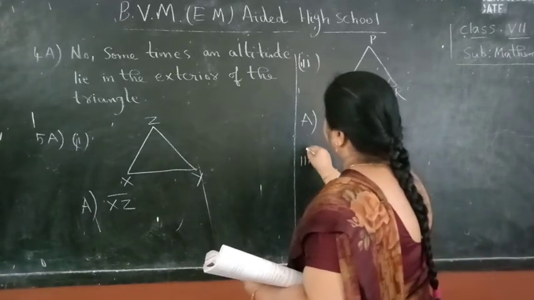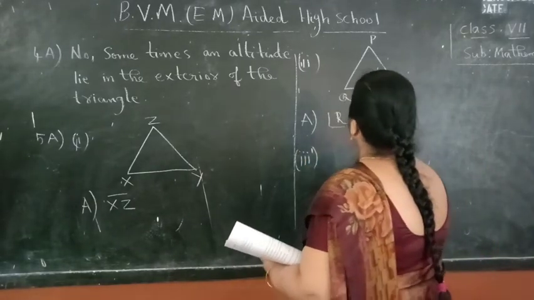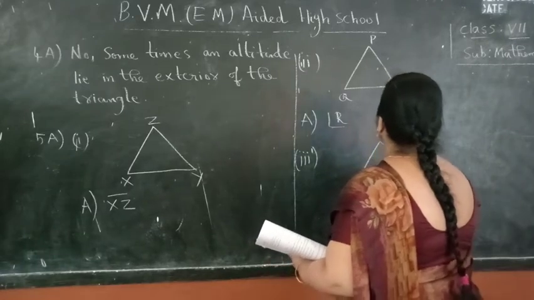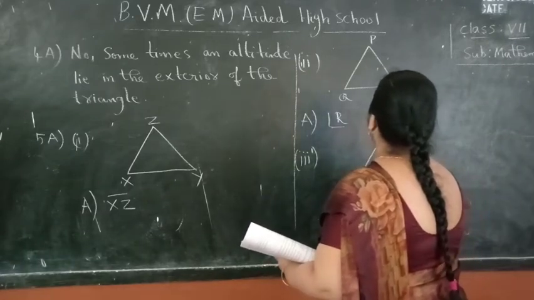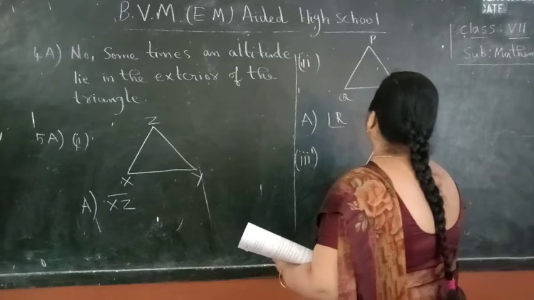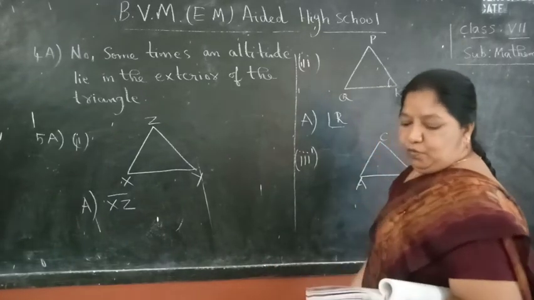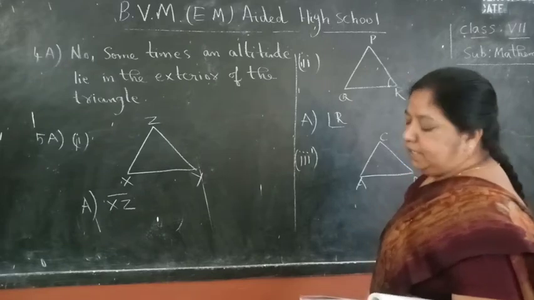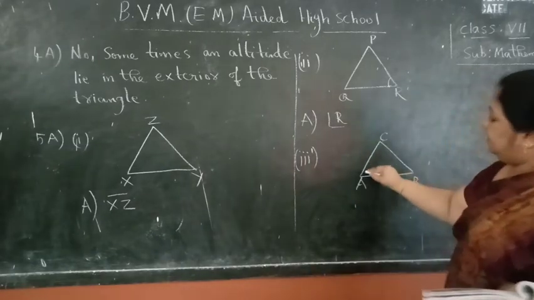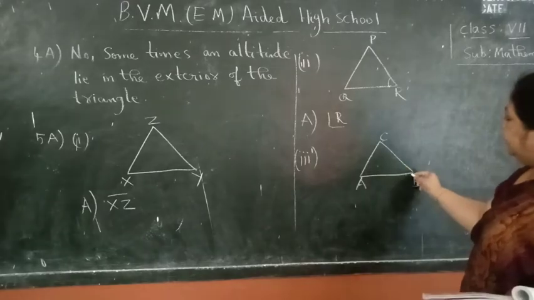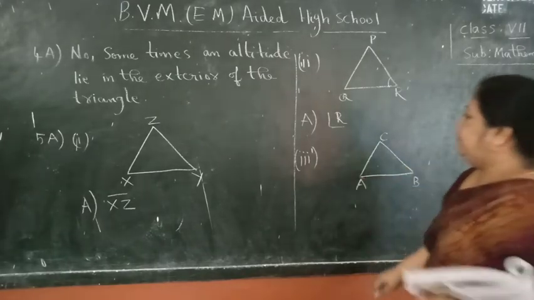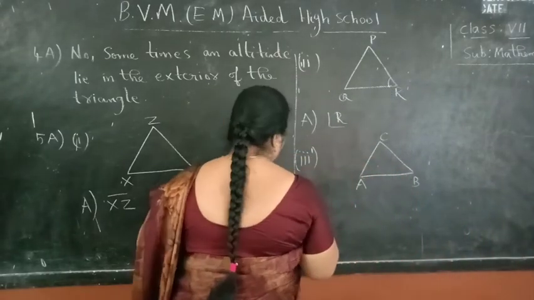Third one: triangle ABC. In triangle ABC, the vertex opposite to side AC. Side AC, opposite vertex: vertex B.